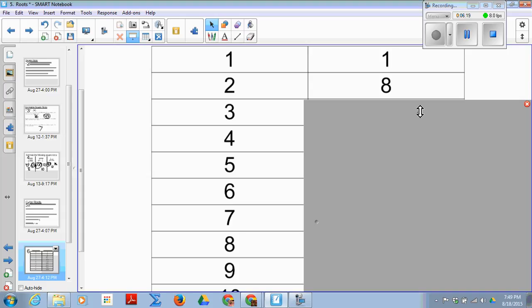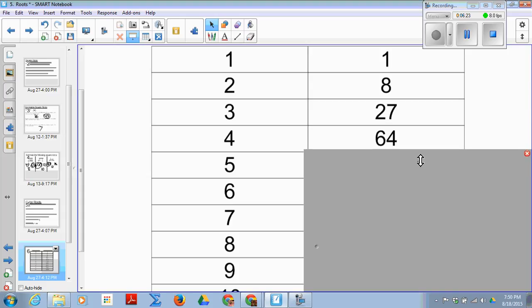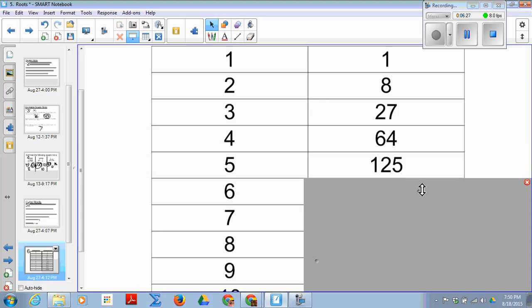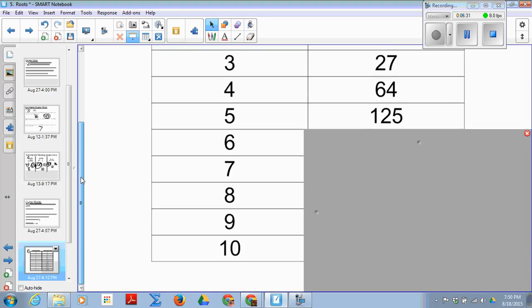We just did 3, which is 27. 4 times 4 times 4 is 64. 5 times 5 times 5 is 125. The first 5 aren't that hard to memorize. Then 6, 7, 8, 9 take a little bit of thinking. 6 times 6 times 6 is 216.